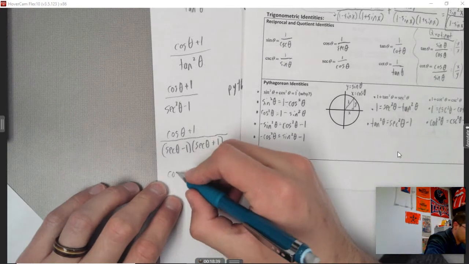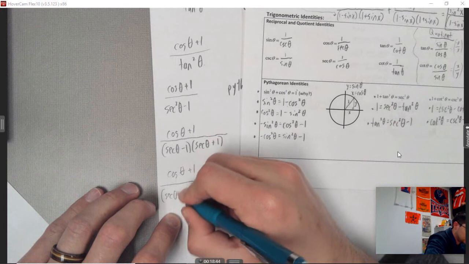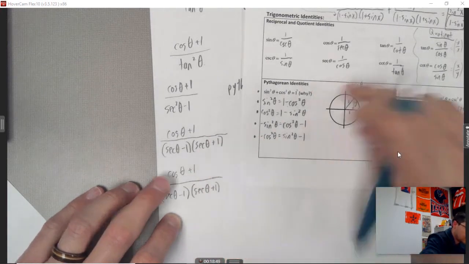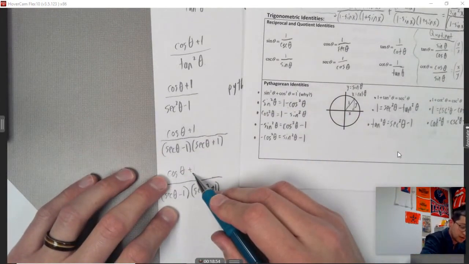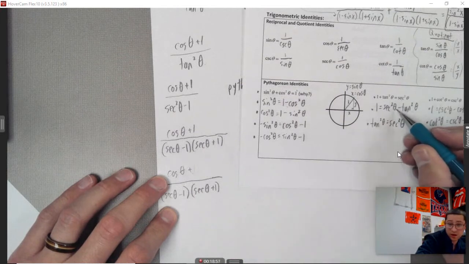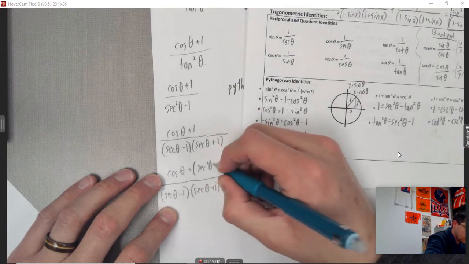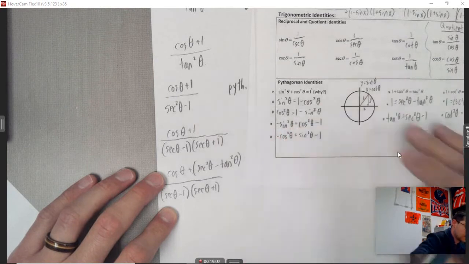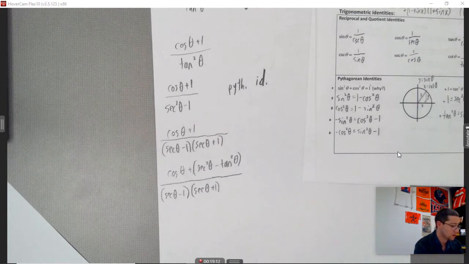Cosine of theta plus 1, secant of theta minus 1, secant theta plus 1. Oh, and I kind of forgot what we were doing. Okay, replacing this 1 here with secant squared of theta minus tangent squared of theta. All right, so let's see where that takes us.